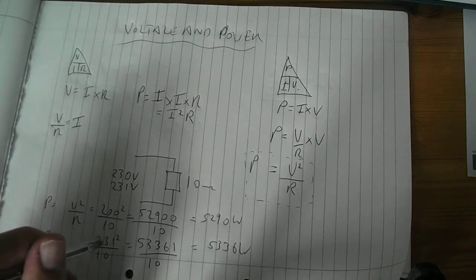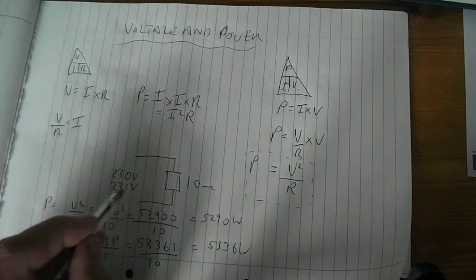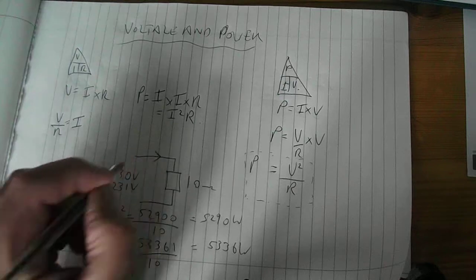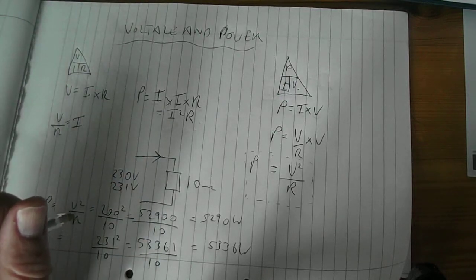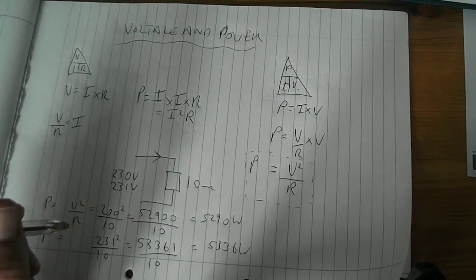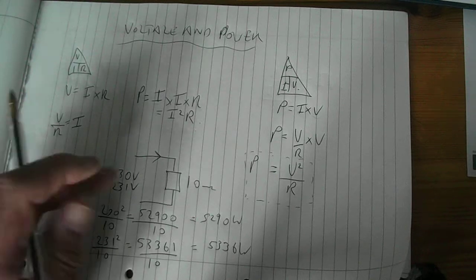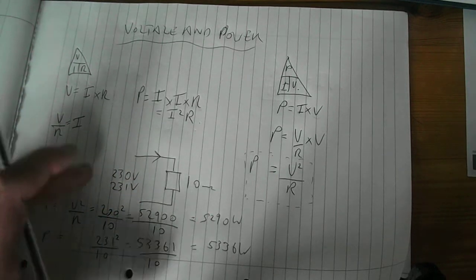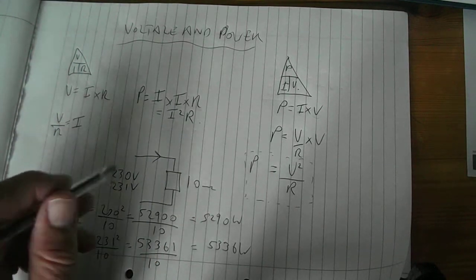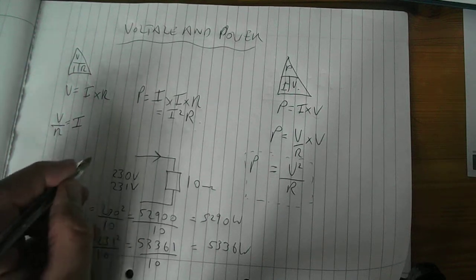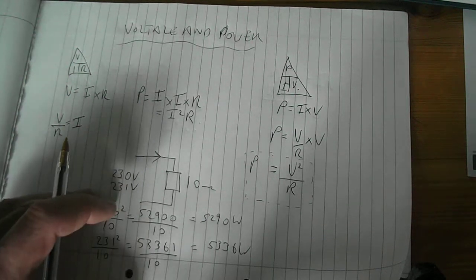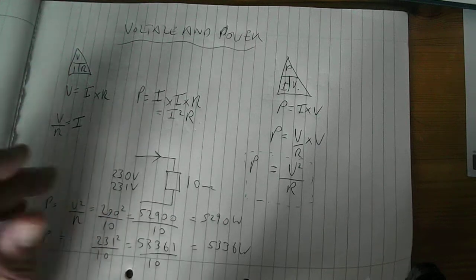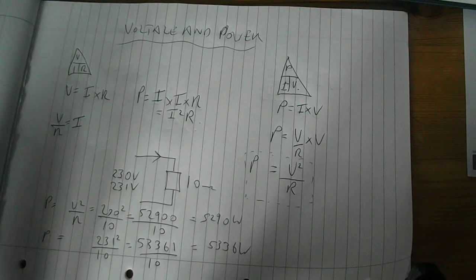So you can see by just increasing the voltage by 1 volt here, we're driving more current into that load and dissipating more power. So it's very important that you maintain your voltages to your loads because you don't want to dissipate too much power in those loads.